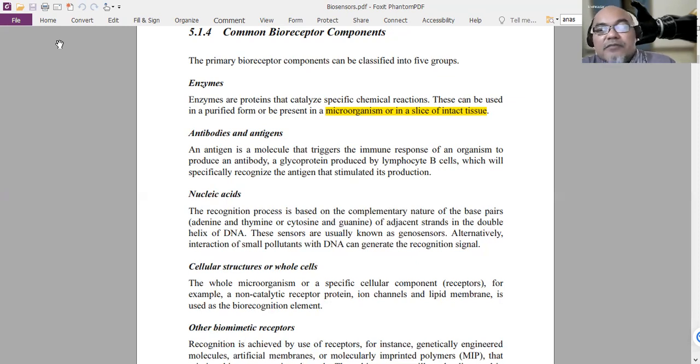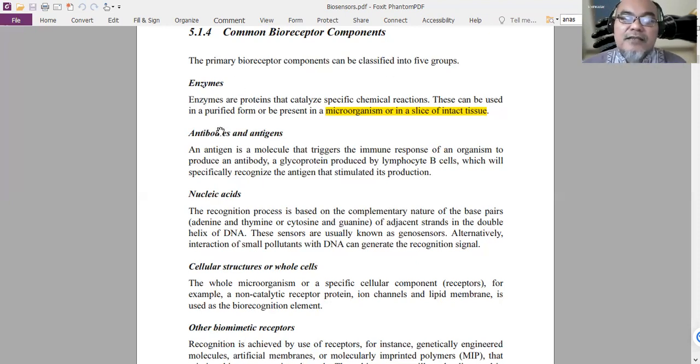In that case, it will be cheaper if we can produce that enzyme in a microorganism, in a bacteria. For example, using genetic engineering, you can transfect the vector of E. coli to produce that enzyme. And no need for further purification. We just use the E. coli cell as it is, as the bioelement of the biosensor.